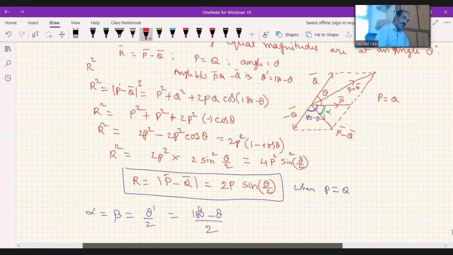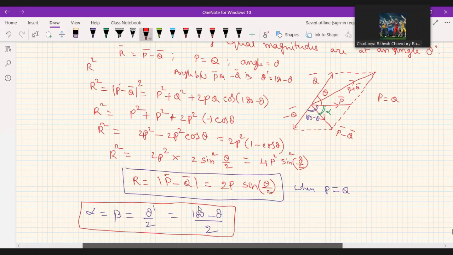No need to derive once again, because two vectors are equal in magnitude, the angles made by the resultant with the two vectors are equal.